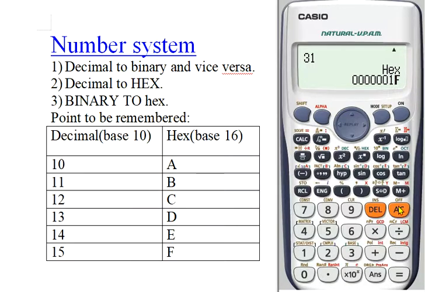Let me do the vice versa here. Let me use the reverse process, and let me take the hexadecimal 1F. If you press the alphabet F by just pressing alpha and then F, then that value will not be stored here. Let me try it. Just by pressing equals to, we can see that the value 1F is not stored here.